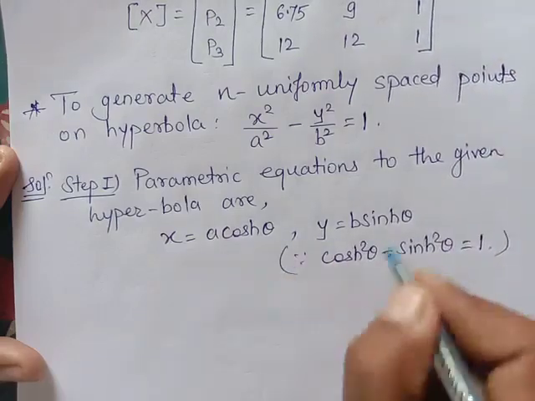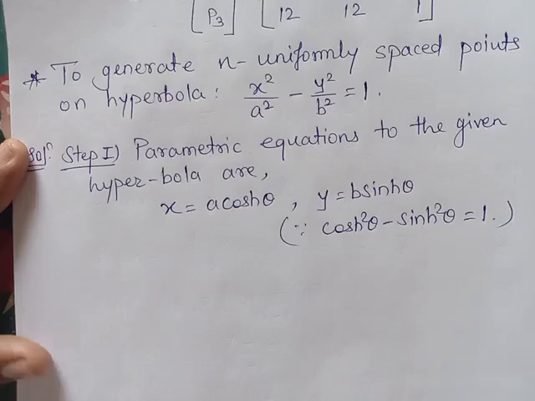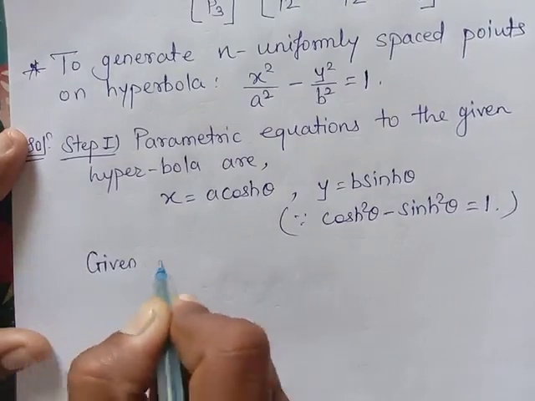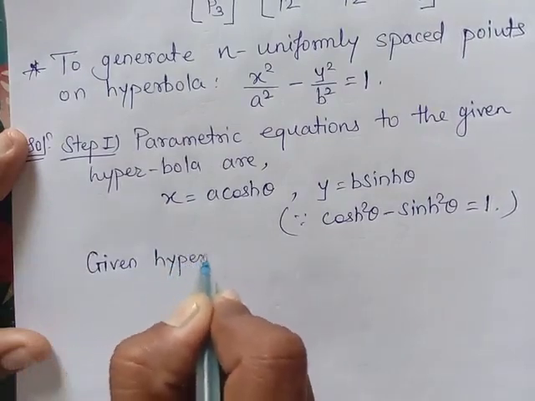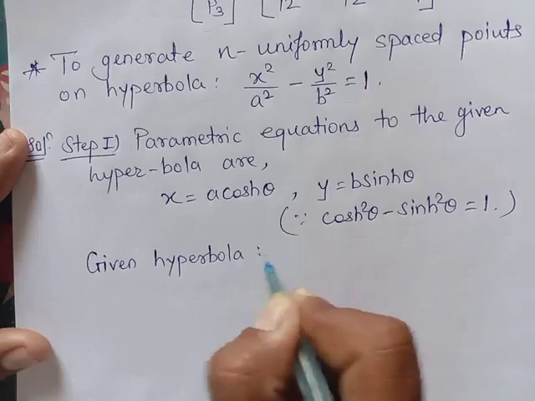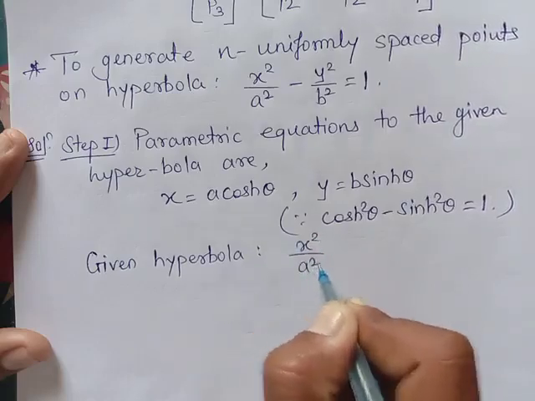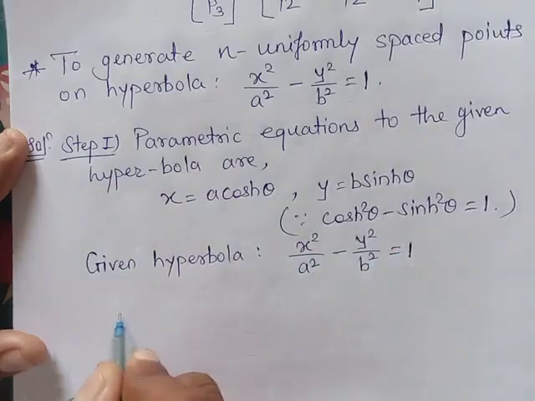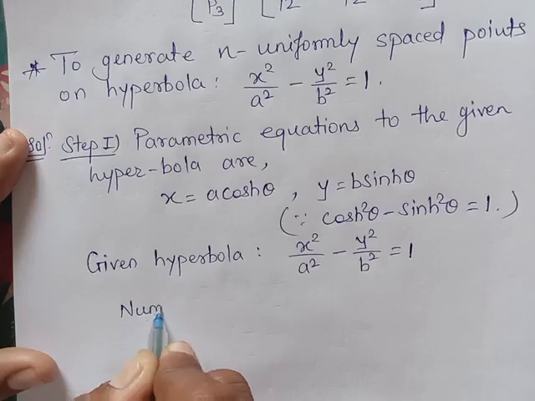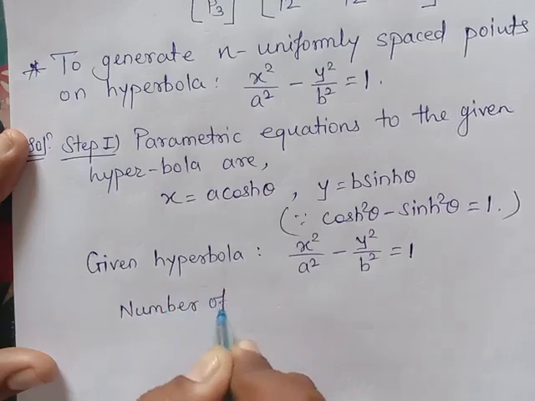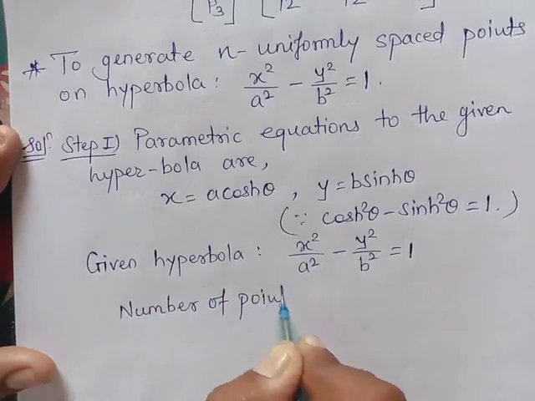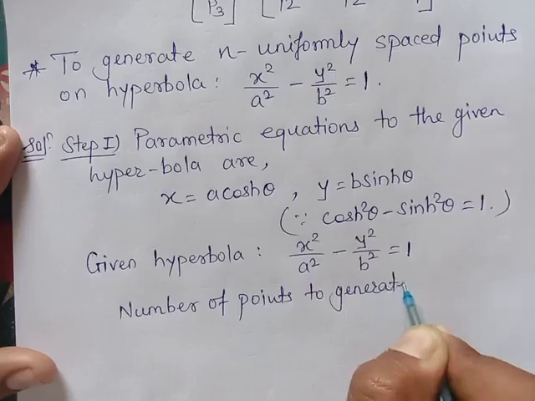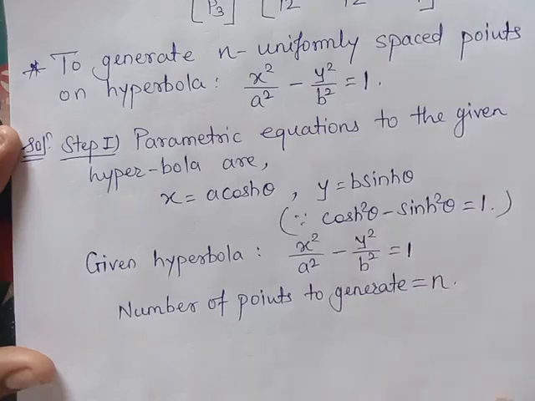Using this identity, these are the parametric equations. Given hyperbola is x square upon a square minus y square upon b square equal to 1. Number of points to generate are n in number. Fine.